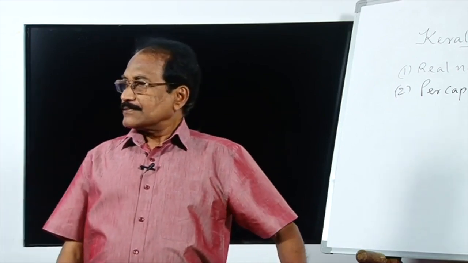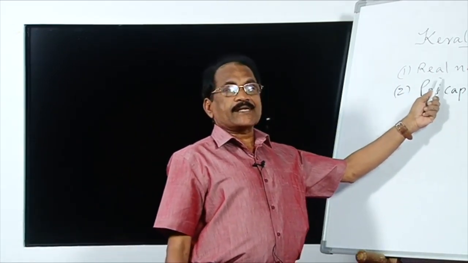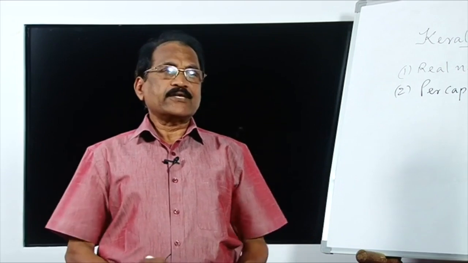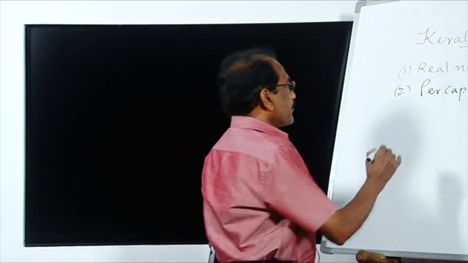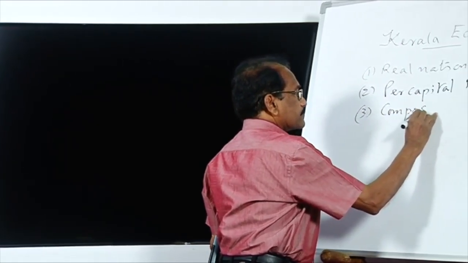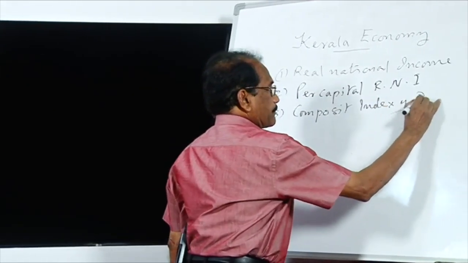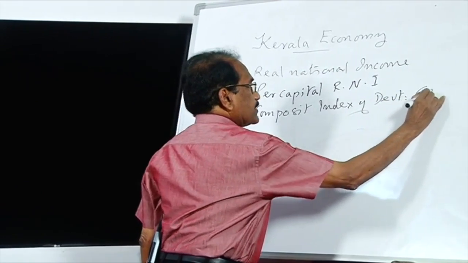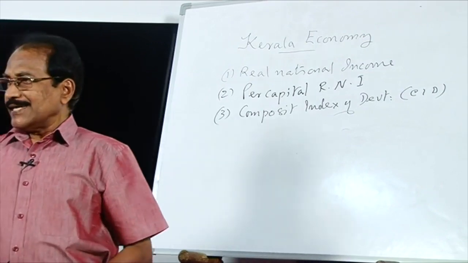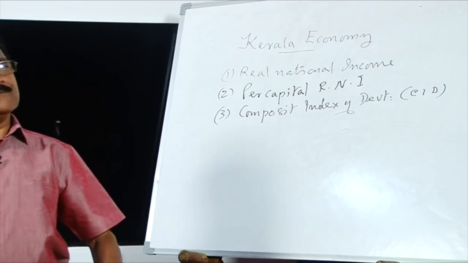So modern writers rejected the single mono based criterion, real national income as well as per capita real national income, and instead put forward what is called the composite index of development, CID.